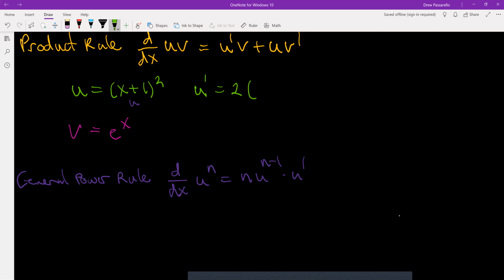So that's 2 times x plus 1 to the 2 minus 1 times the derivative of the inside function, which is x plus 1. Derivative of x is 1, and the plus 1 goes away because that's a constant. So technically, you could write it as times 1. So u prime is 2 times parentheses x plus 1.